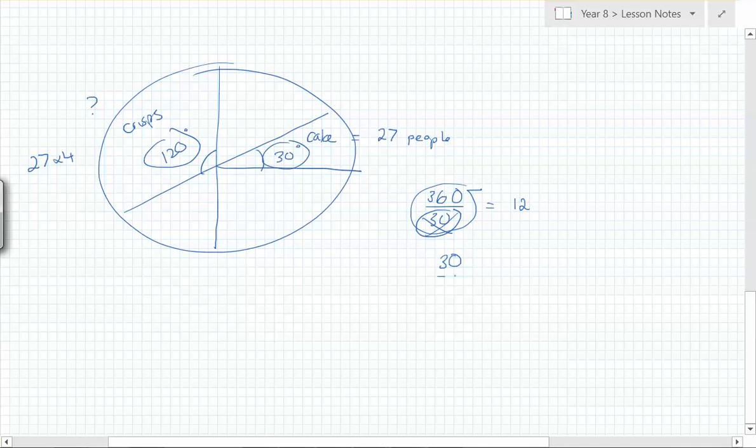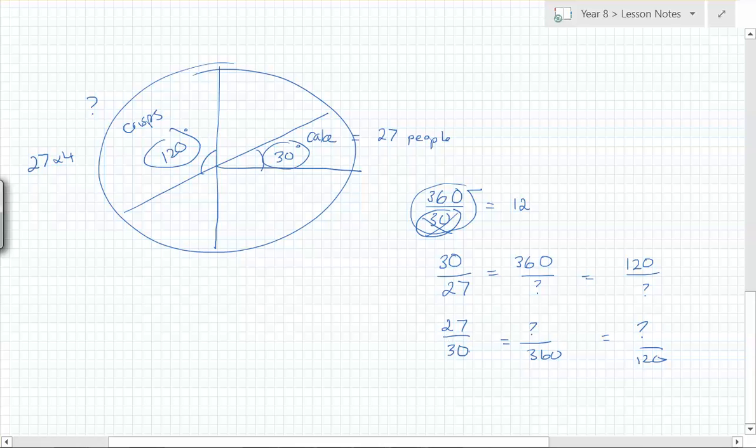So that's the fraction now, and that will be the same as 360 divided by something. It will also be the same thing as 120 divided by something. Or I can do it the other way up, it's fine. So 27 in 30 degrees is the same as so many out of 360 is the same as something else out of 120 degrees.